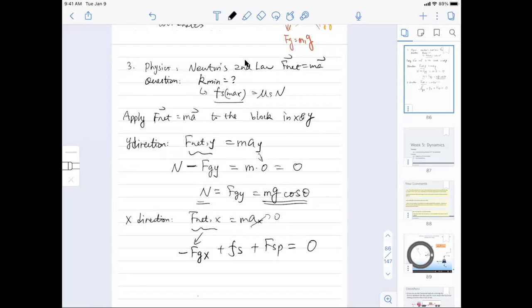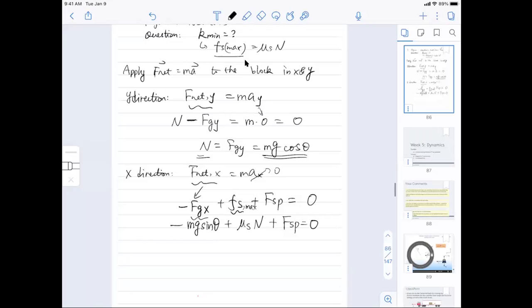Okay, now let me further expand some of these quantities. I know the x component of gravity is mg sine theta. This should come very quickly to you. The x component of gravity on the ramp is always mg sine theta. The maximum value for static friction, because we now know it's at the maximum value, is mu of s times normal force plus the force of the spring.